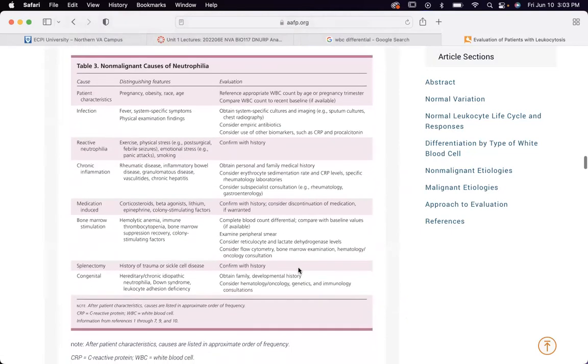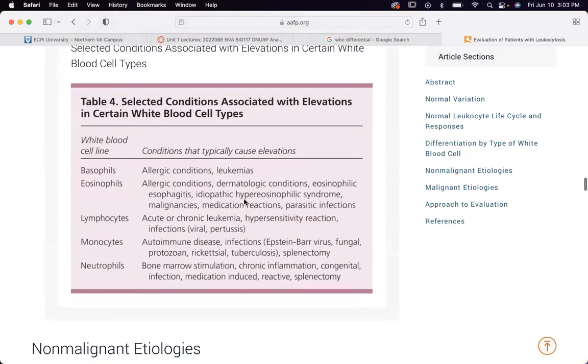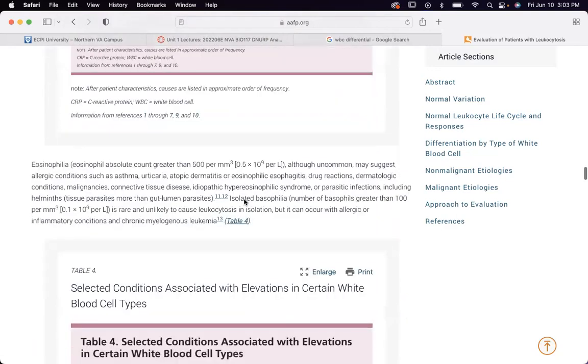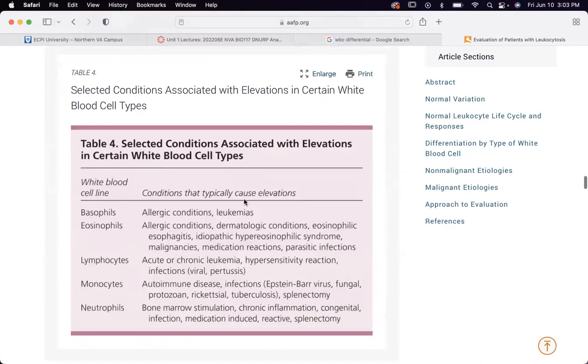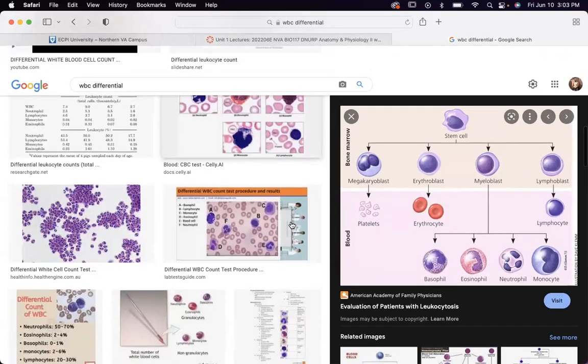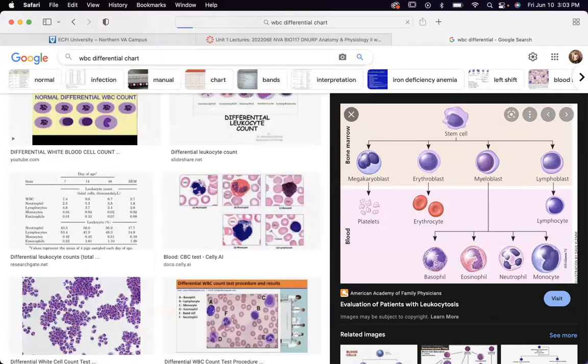So if you look further down, I also have a nice thing here as well. Where is it? Where's the chart? Because this might confuse you. Let me try to find that chart. Maybe if I type the word chart.